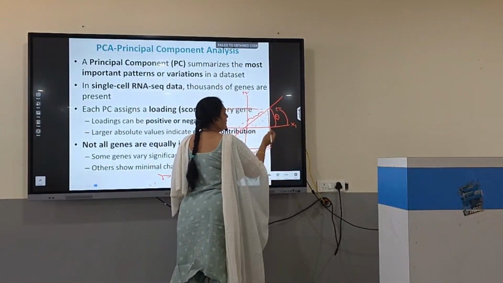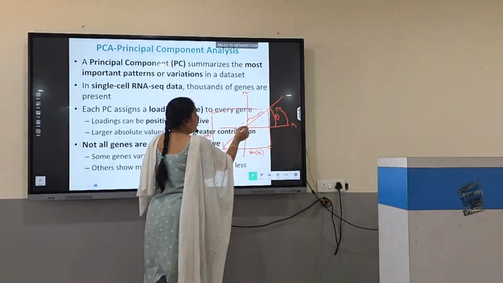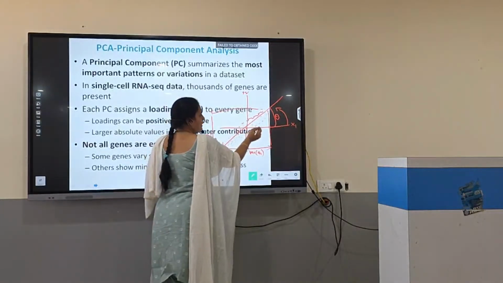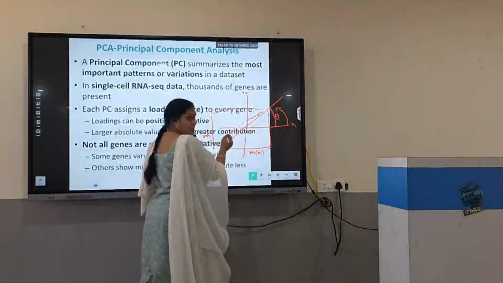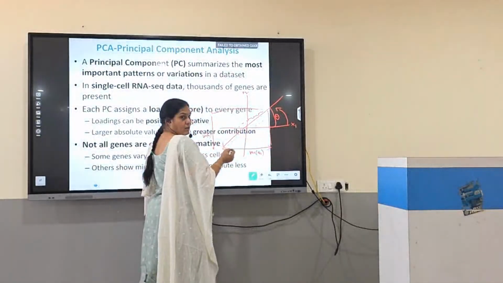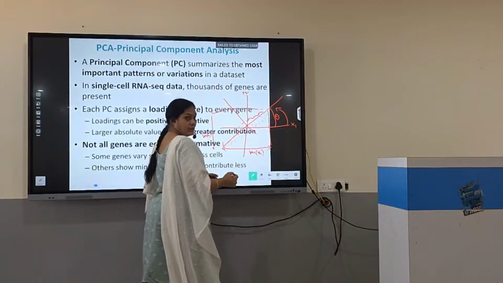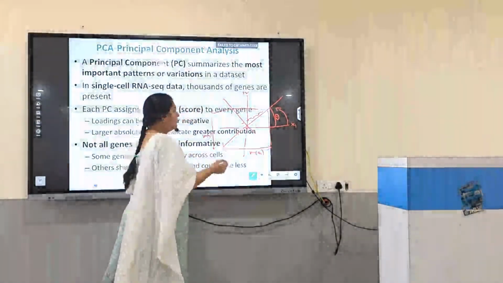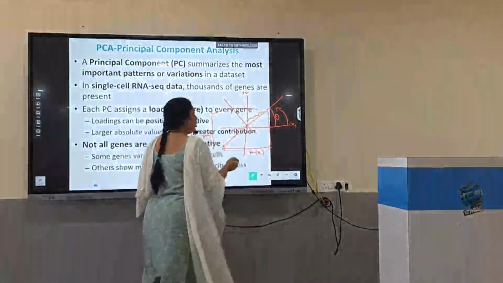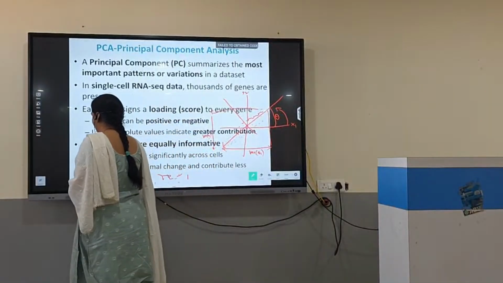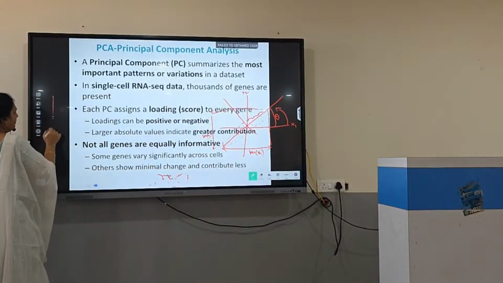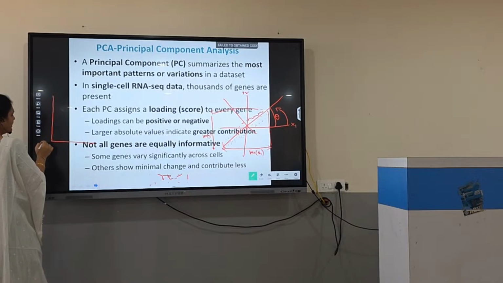What happens? This line will become like this, and what will happen to x2? It will move here like this. So when you transform it like this, your data will get transformed. It will come in this way. Your data will become like this.